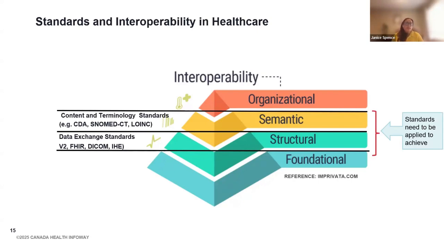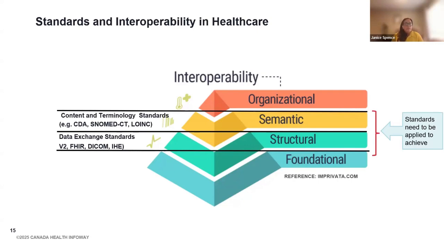And this is where content and terminology standards are absolutely key to achieving this. Some examples, as we've touched on before, are SNOMED CT, LOINC, and the Canadian variations of that, SNOMED CT-CA and PCLOCD. CDA is also a good example of a content standard that's well defined in the healthcare space.